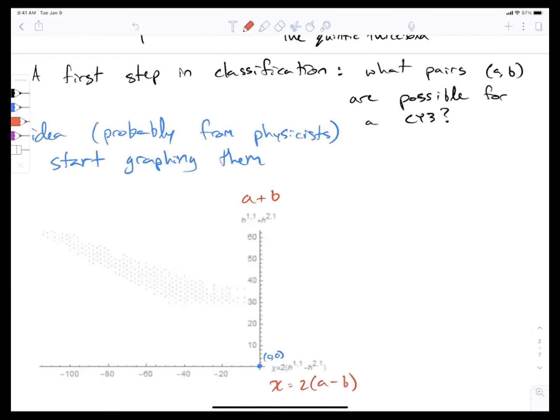It turns out to be convenient to organize things slightly differently. So the horizontal axis is actually A minus B times 2, and the vertical axis is A plus B. But you can recover A and B from that, so it's the same info. And so this is a graph for basically the simplest Calabi-Yau threefolds, the ones that are easiest to write down.